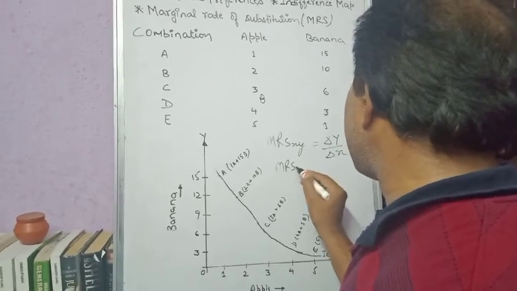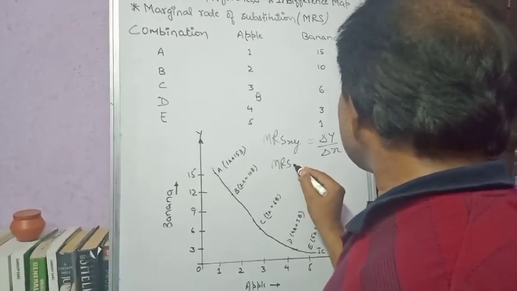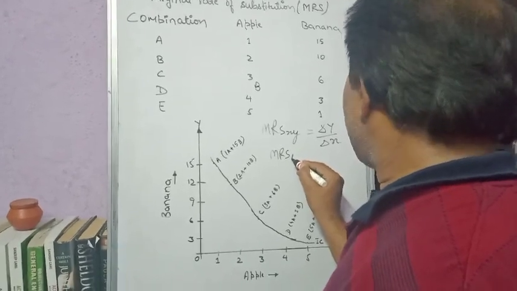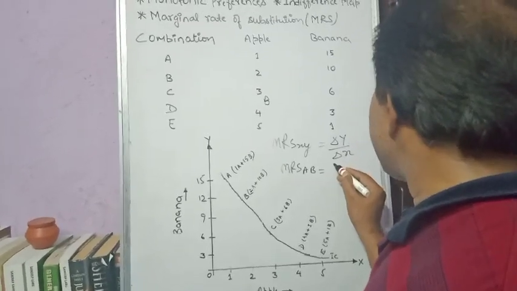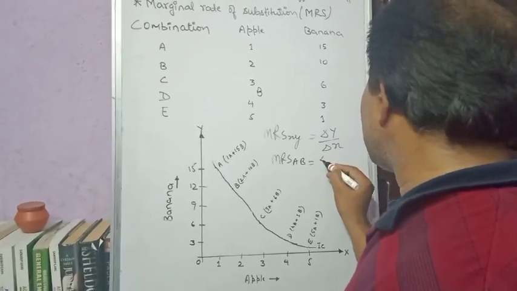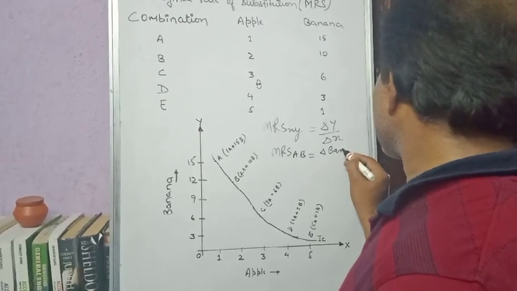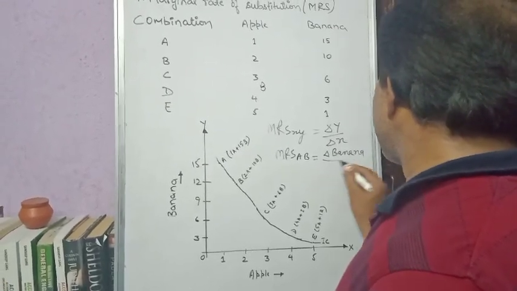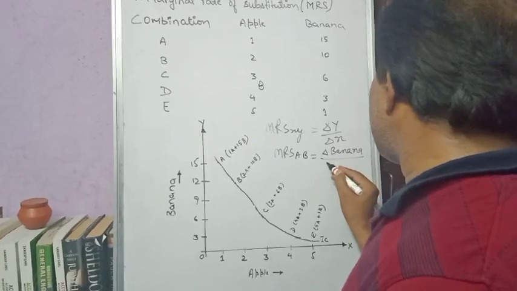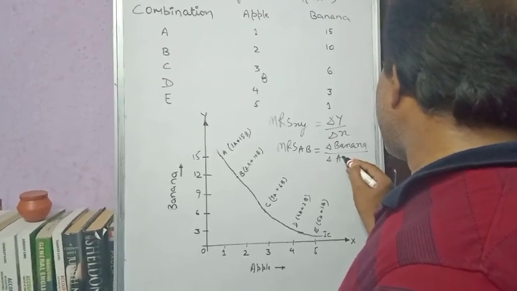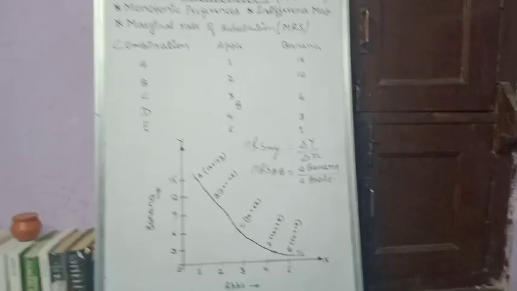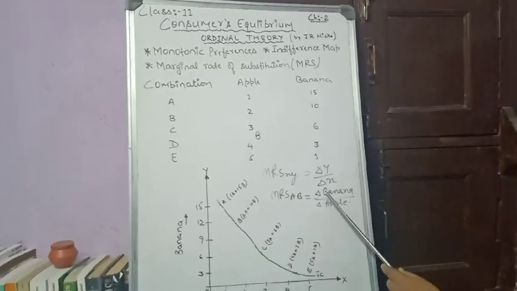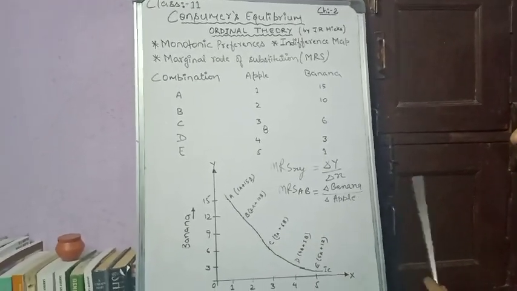So we may write MRS of apple and banana is equal to the sacrifice of banana, that is the change in banana, divided by the gain of apple. Or we can say that MRS_XY is the change in banana, the sacrifice of banana only to gain the apple.